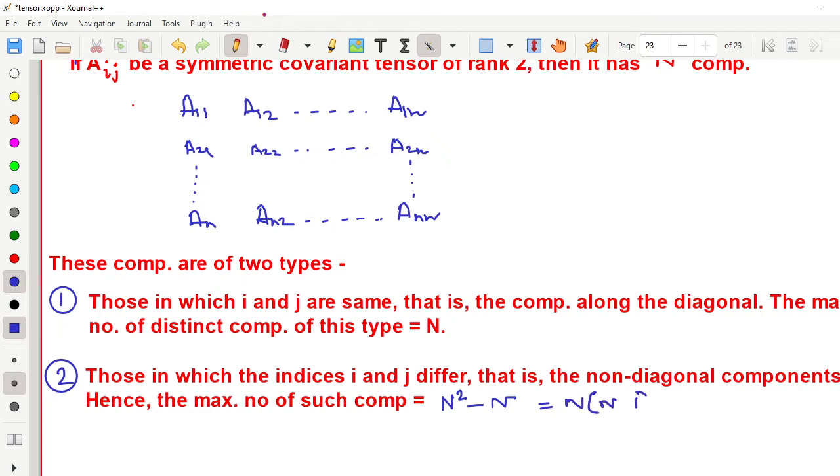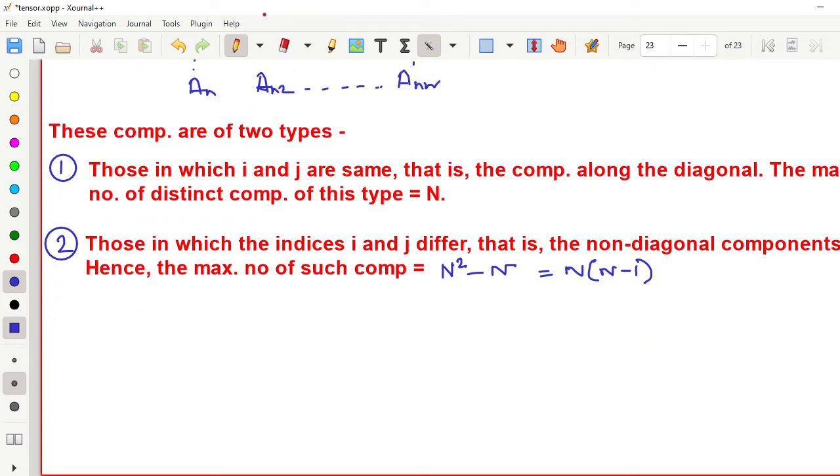কিন্তু যেহেতু এরা সিমেট্রিক আছে, as they are symmetric, so how many distinct components are there? Because you know that aij is aji. হ্যাঁ, aij is aji, মানে a12 আর a21 এরা তো একটাই কম্পোনেন্ট. So all of these components are in pairs, right? So how many distinct are there from them?